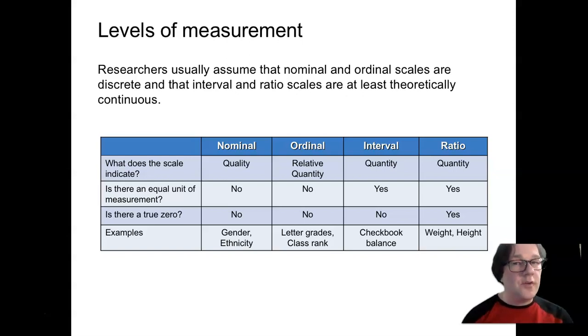Well, ratio scales also are indicating quantity, and ratio scales also have equal units of measurement, except that in a ratio scale there is a true 0. So a 0 on a ratio scale means there is a complete absence of that variable. Some examples might be weight and height, but again, if we want to get theoretical here, can something exist with 0 weight, right?